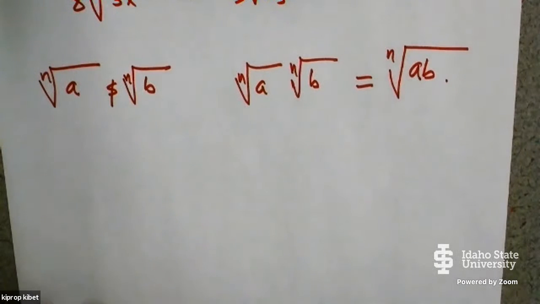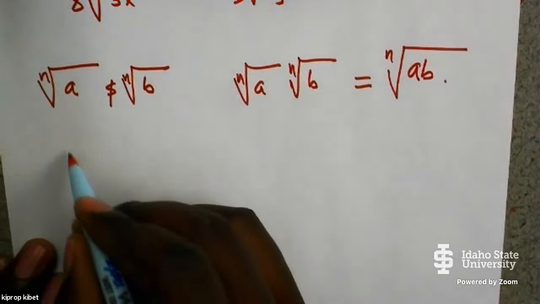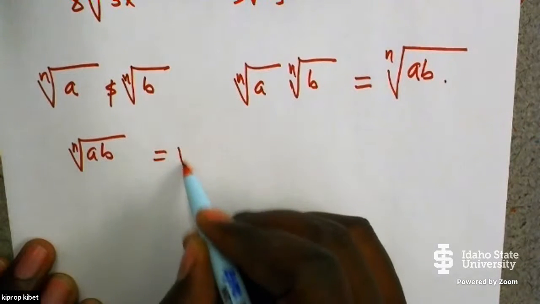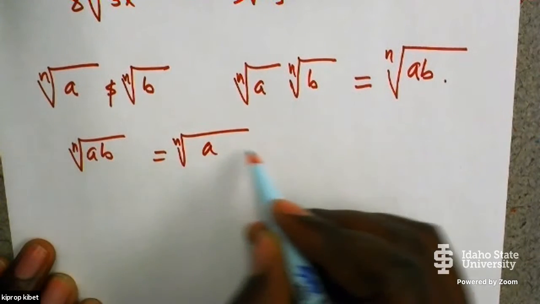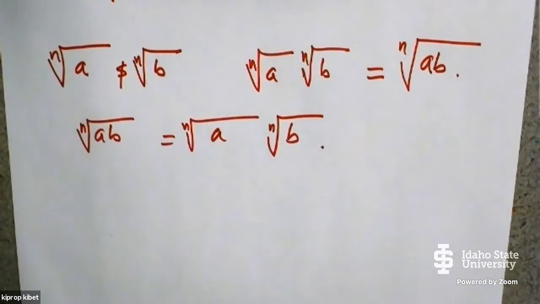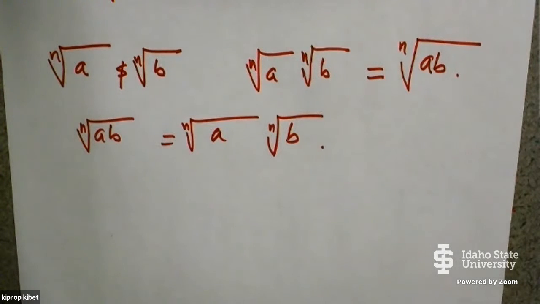We still remember that. And also, the nth root of AB is similar to the nth root of A times the nth root of B. So they are the same.